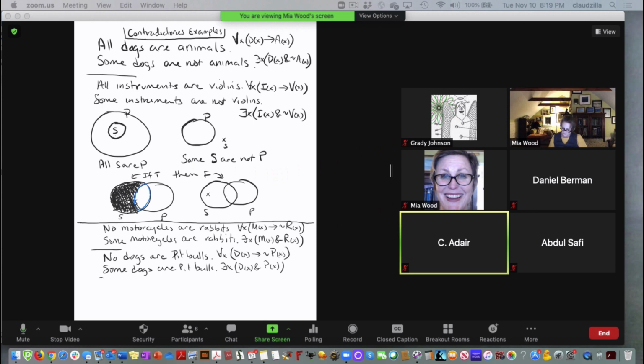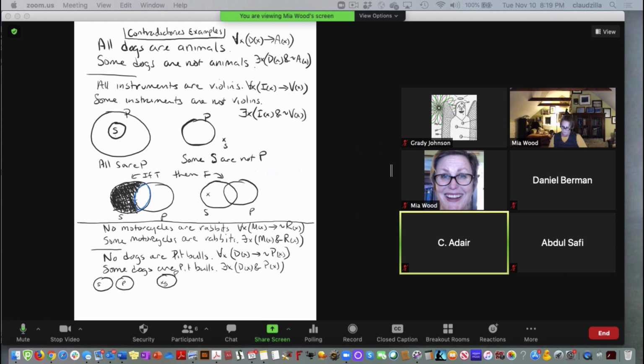So here's no S are P. Here are the S's, here are the P's. There's not even one S that's a P. There's no overlap, if you will. There's no nesting. Then we've got some dogs are pit bulls, so here are the P's, and here's at least one S. I put the X there next to the S, which denotes the existence of at least one.